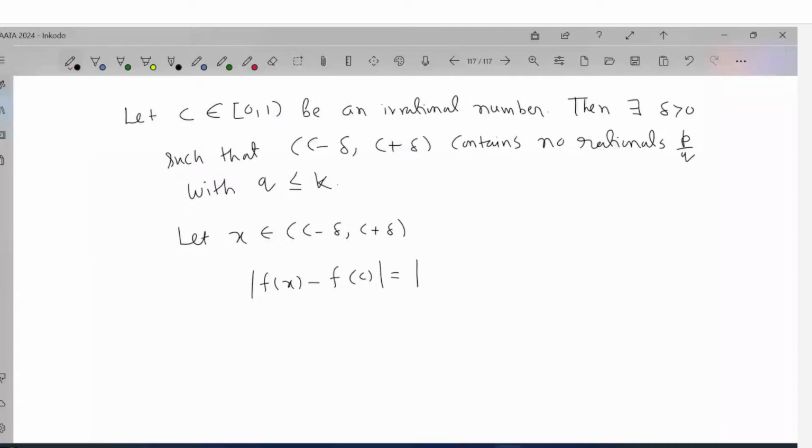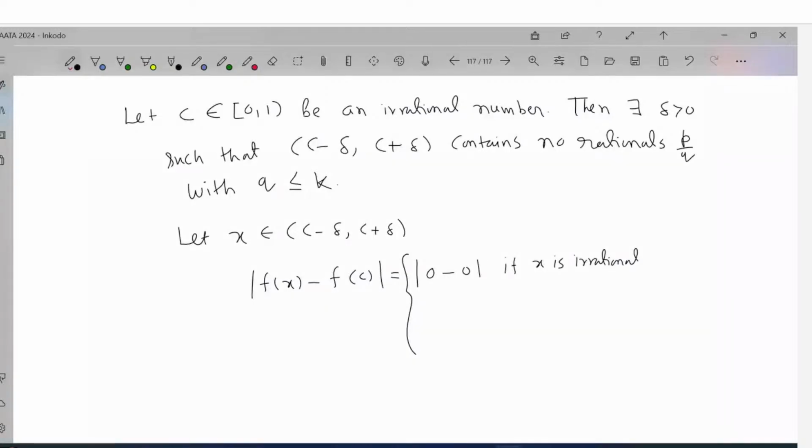Otherwise, because the interval does not contain any rational of the form p by q where the denominator q is less than or equal to k, whatever value it is of the form p by q, q is obviously greater than k.